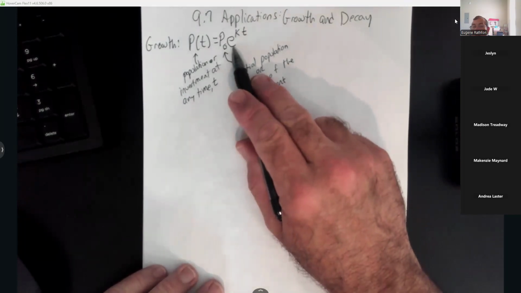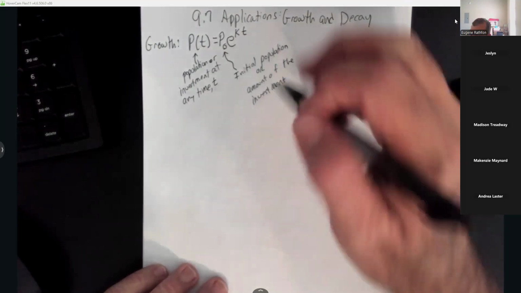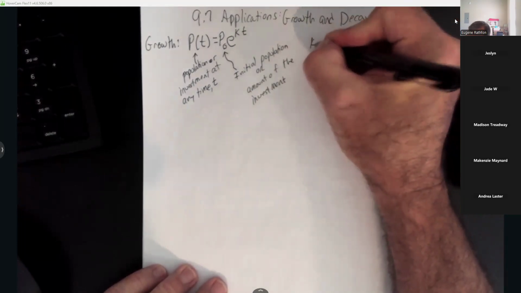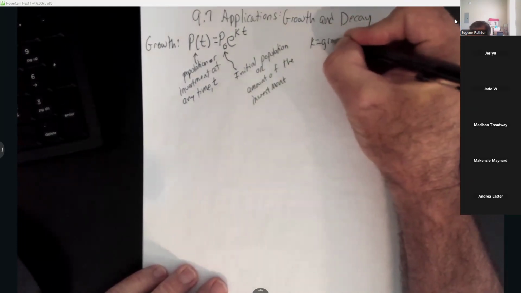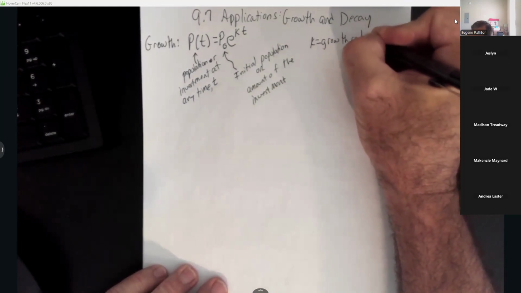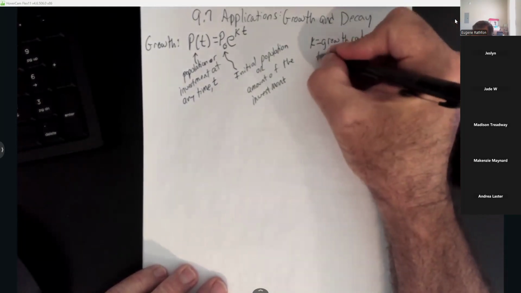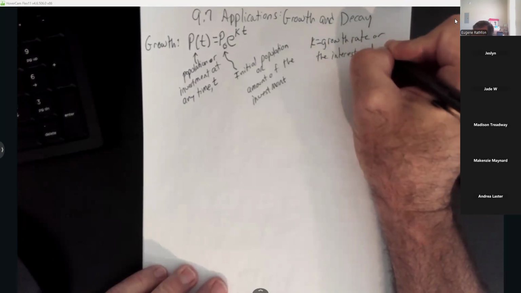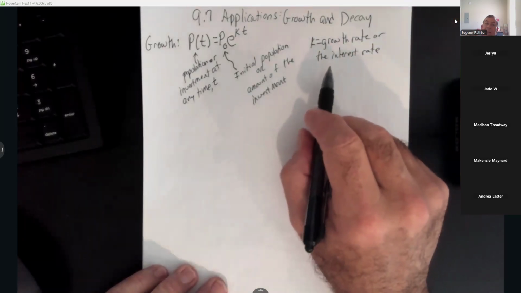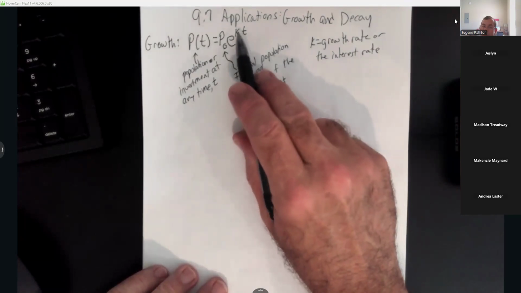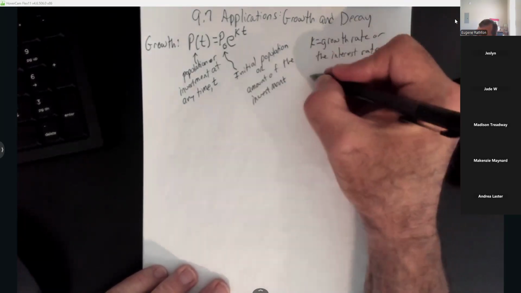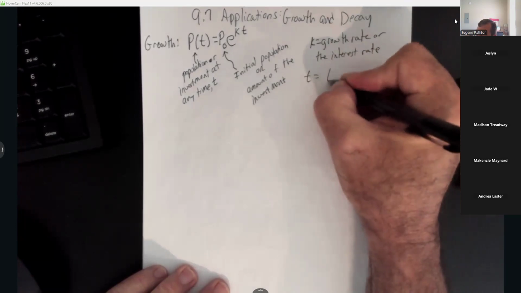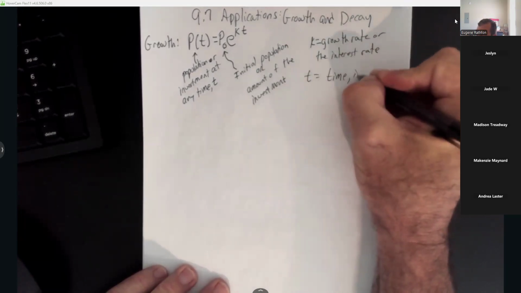E, well, that's Euler's number. And we've been looking at it all chapter, right? So what is K? K is the growth rate or the interest rate. And once again, that has to be in decimal form when we put it in a formula. And y'all, T is still time in years.